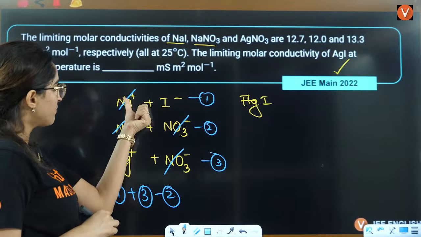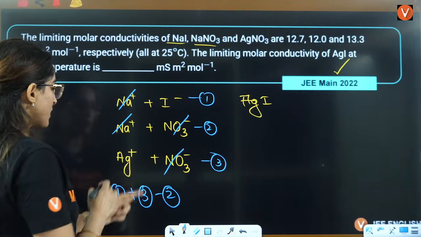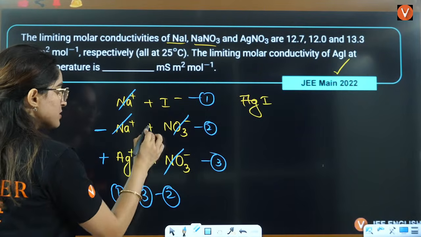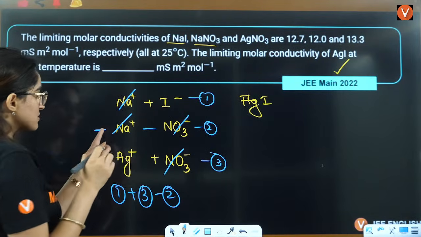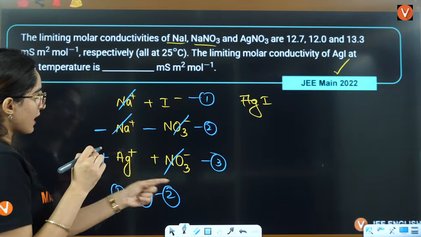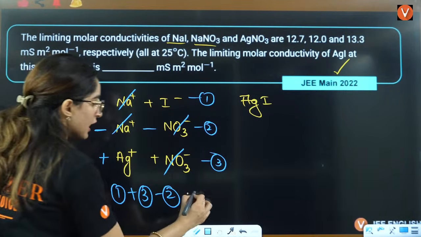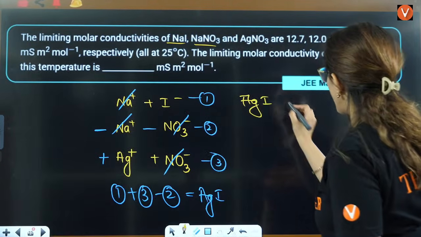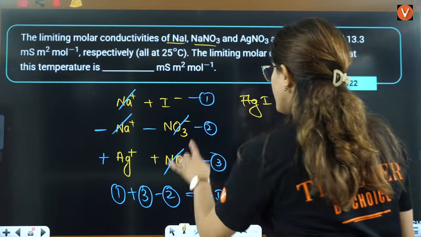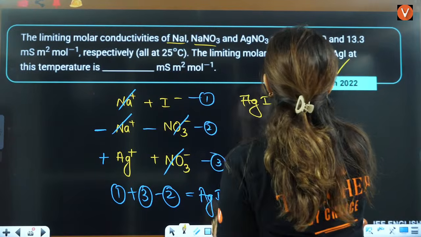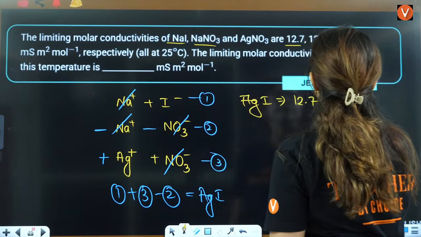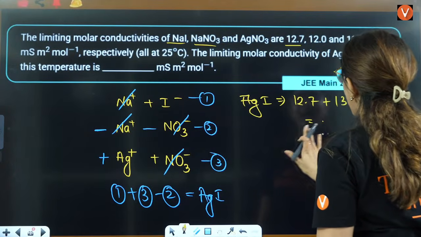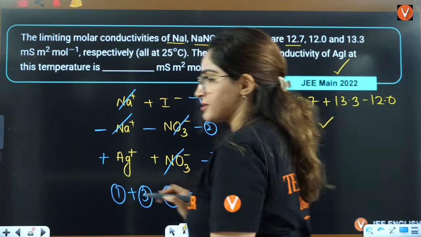When you add Na+ plus this one, this will be added, this will be subtracted, and this will also be subtracted. That means minus minus cancels, and Ag+ and I- will stay, which gives you AgI. So for AgI, you should add 1 and 3, this is 12.7, 3 is 13.3, minus 12.0, and that is going to be the correct answer here.